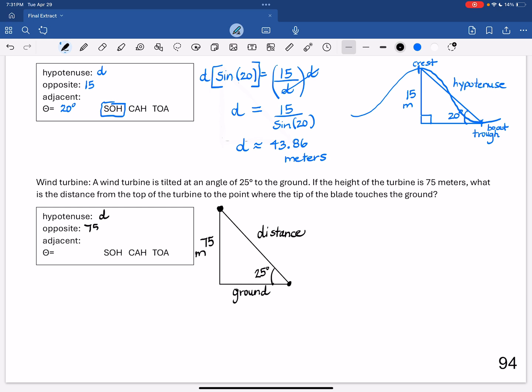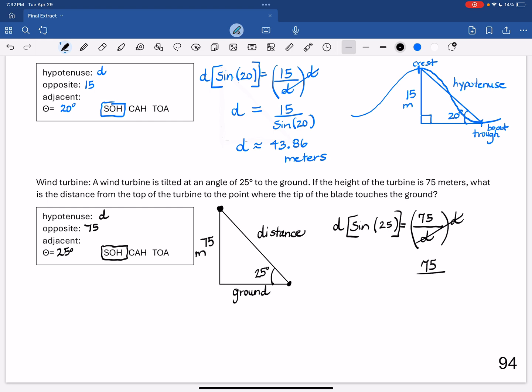We do know opposite, and we do know theta. So hypotenuse is involved, and so is opposite. That is sine. So the sine of 25 is opposite over hypotenuse. So let's multiply both sides by the distance of the hypotenuse.